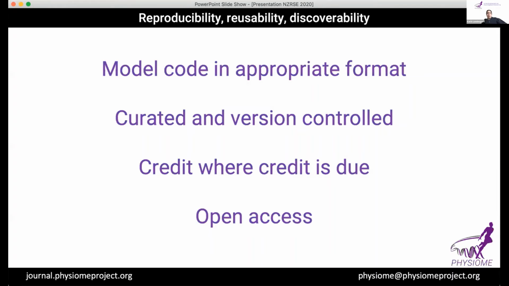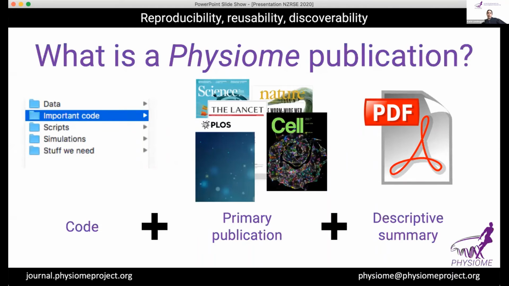And of course, we want to publish this open access because we want it to be reusable for other people and in the framework of FAIR. So a Physiome publication consists of 3 different parts. The most important part is, of course, the code. But then every Physiome publication is connected to something we call a primary publication, which is an article in a field-specific peer-reviewed journal.